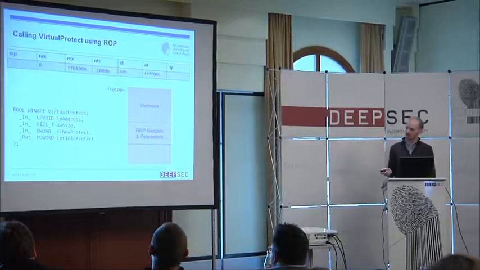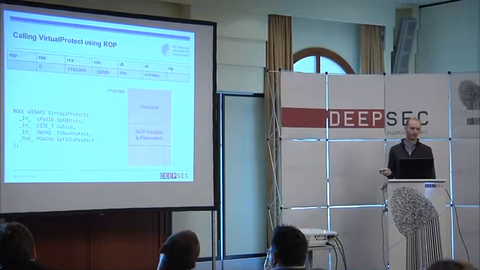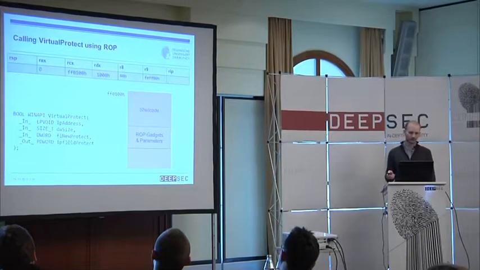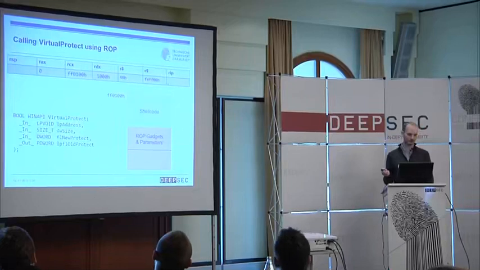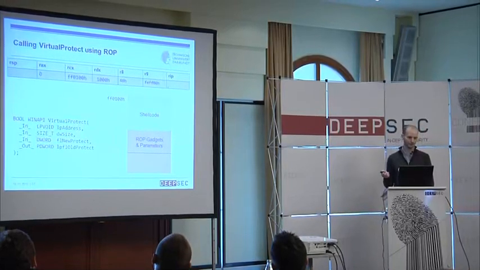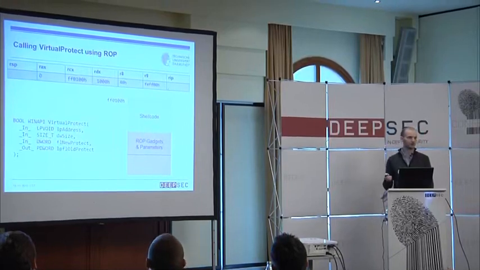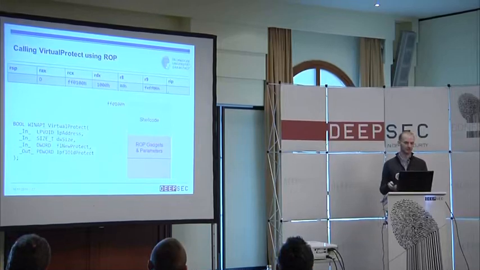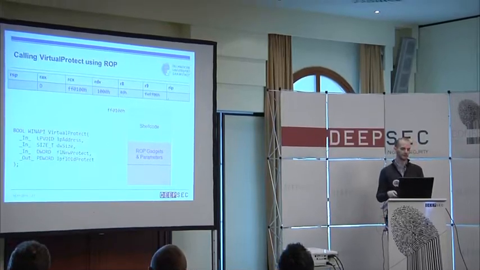And lastly, just some address where the function can store the old protection level, which also seems to be somewhere on the stack down here. So now we can call VirtualProtect. It will run, it will make the area where the shellcode resides executable, and we have basically achieved our goal that we can run arbitrary code and bypass data execution prevention, and we don't have to deal with return-oriented programming too much.